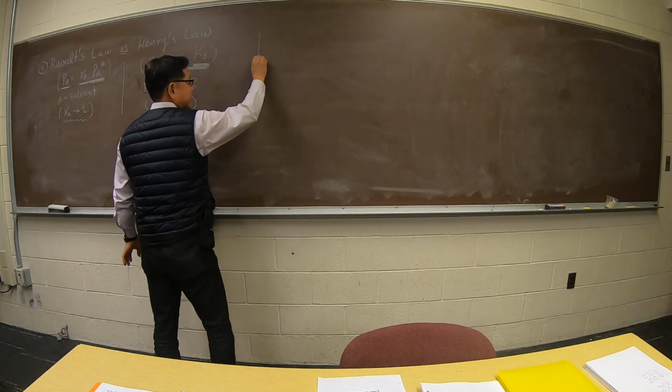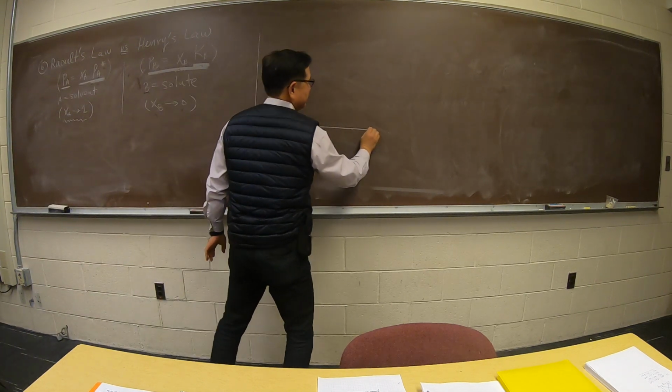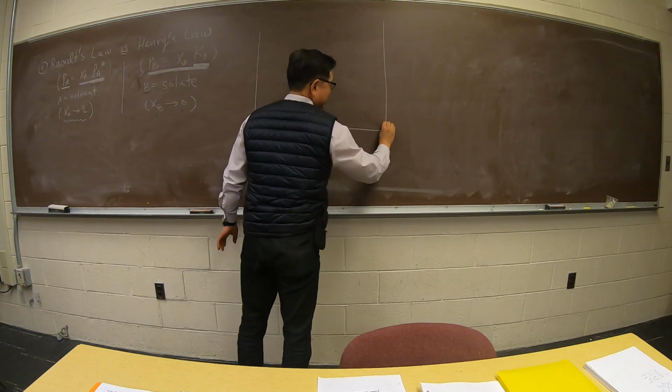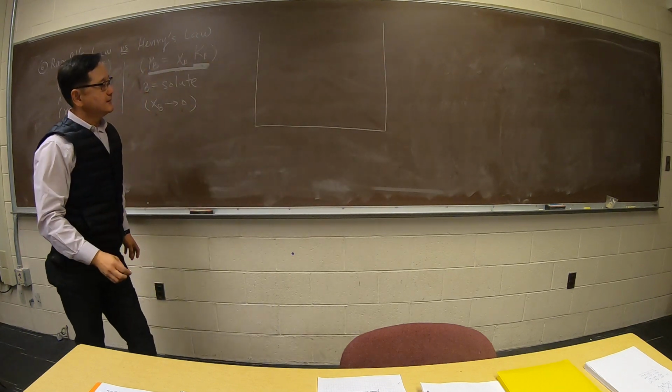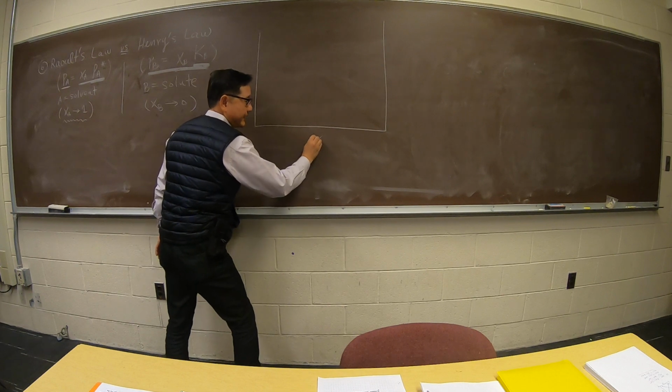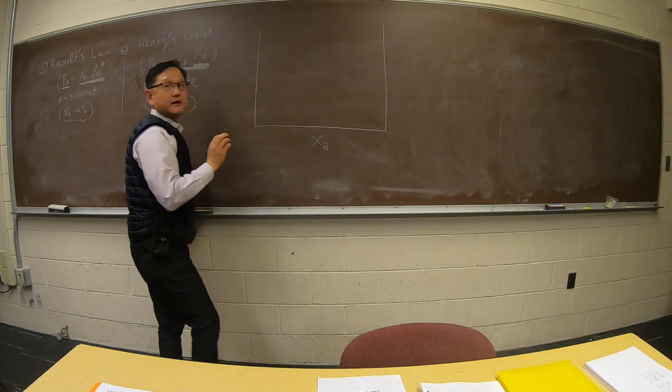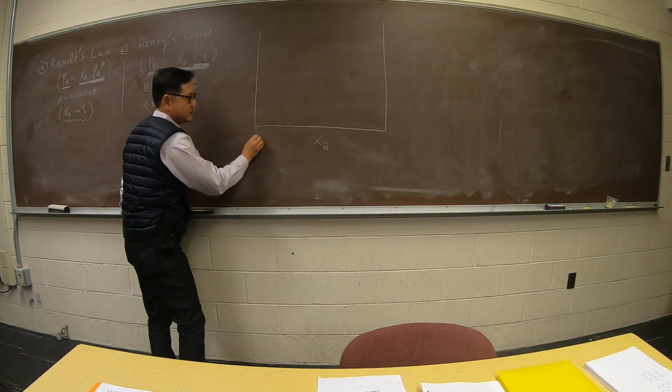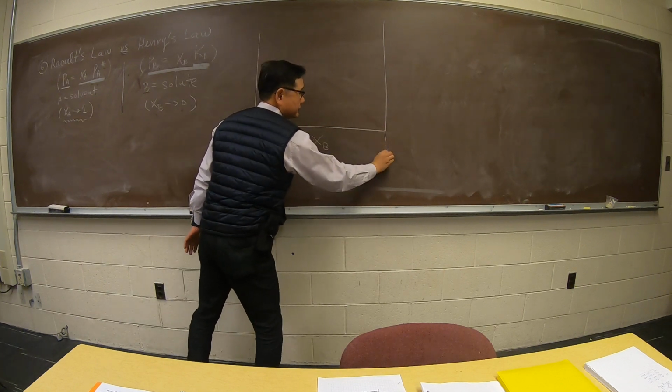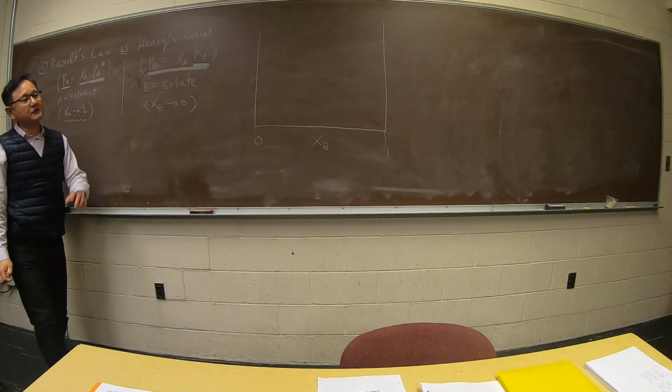So let me draw this diagram one more time. This time, let's draw it this way. I'm going to use the XB, and this is 0. This is just my choice for choosing an x-axis.